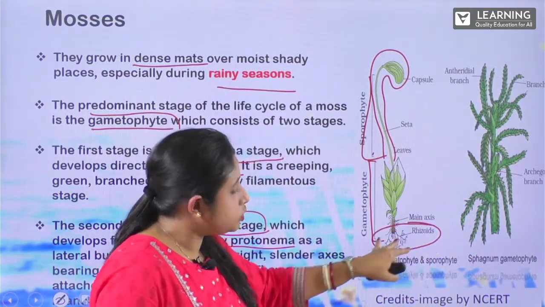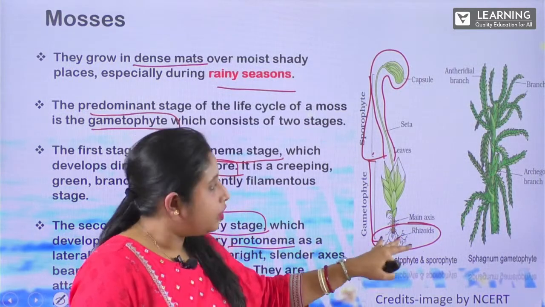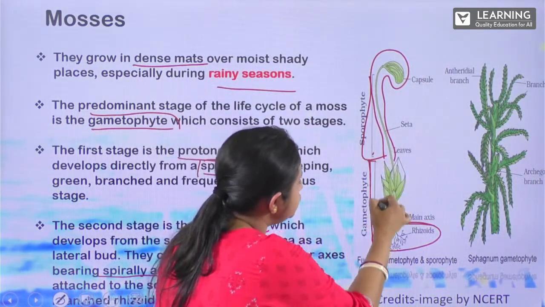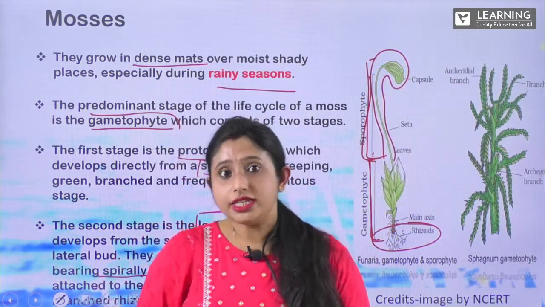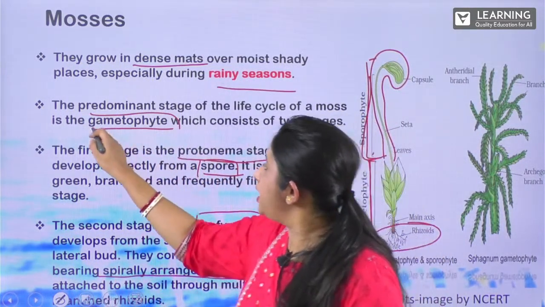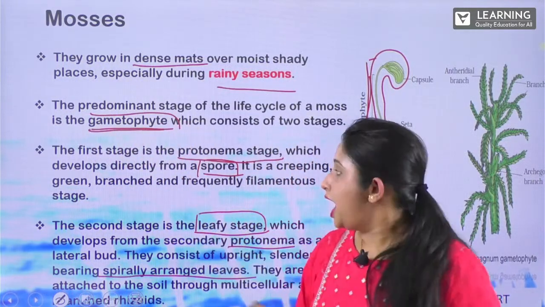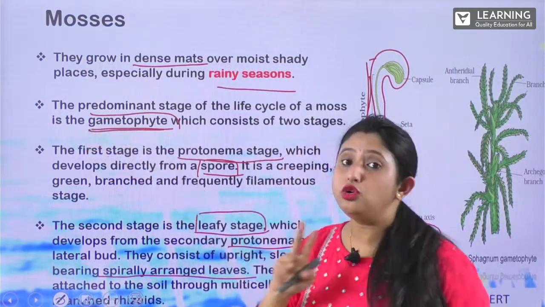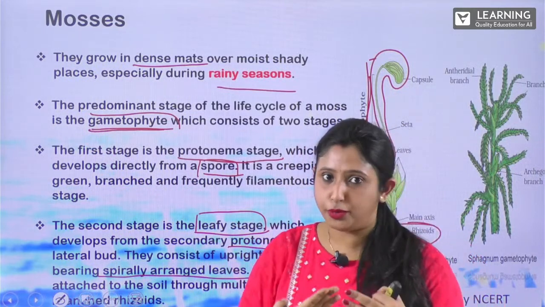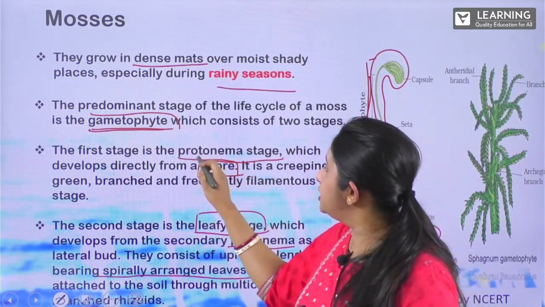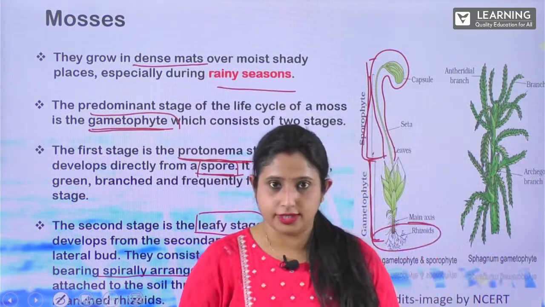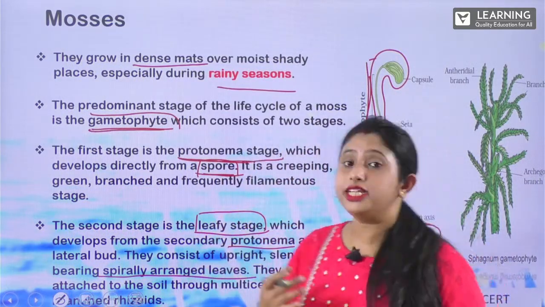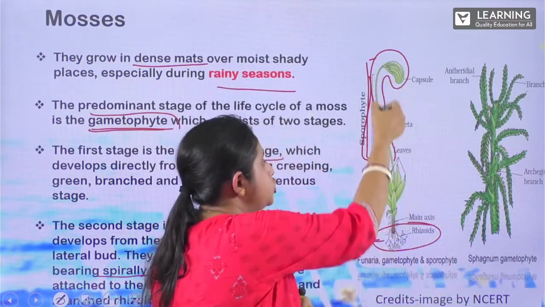So the process of reproduction is by gametophytes, and there are two stages. One is the first stage of protonema, where it forms spores, clear? And the second stage forms a leafy structure.